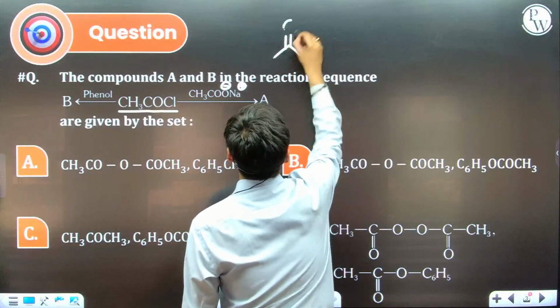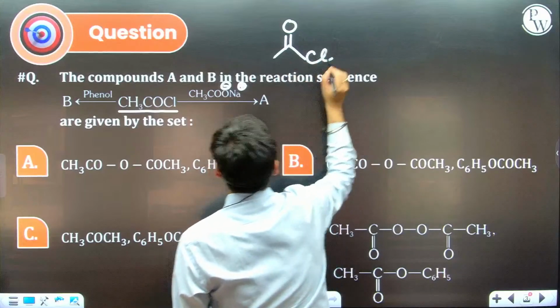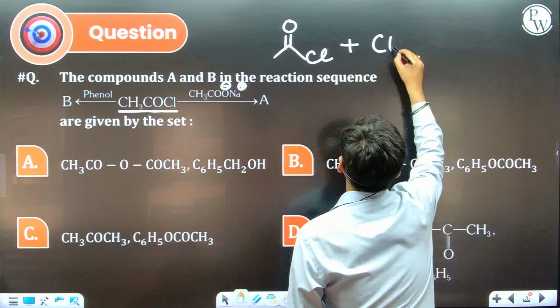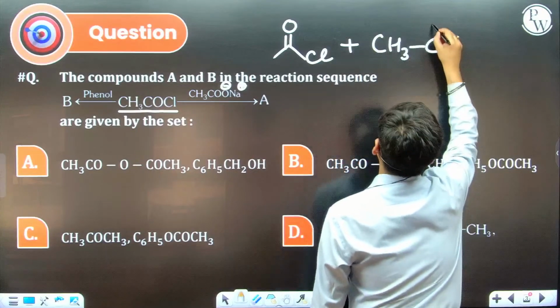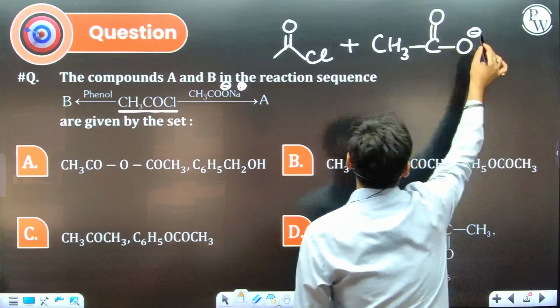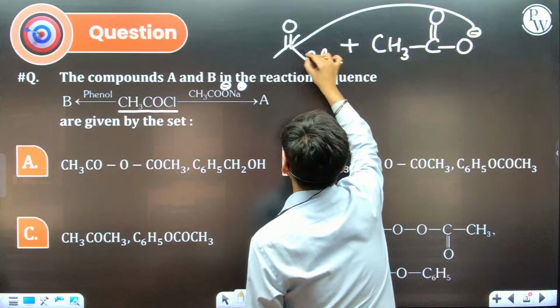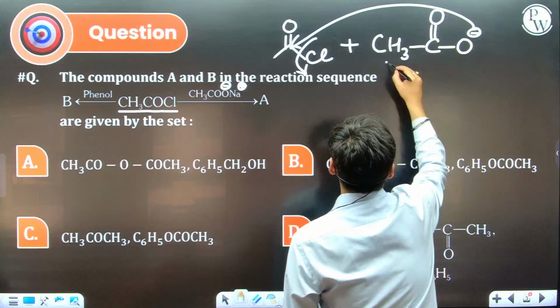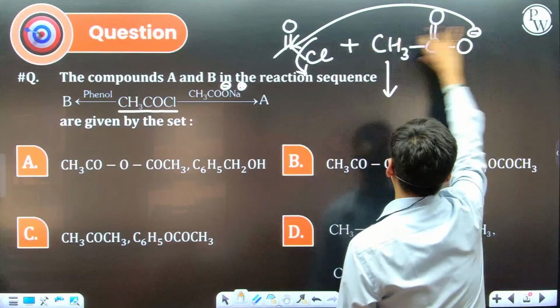This is CH3COCl. Now if CH3COCl is being treated with CH3COO minus, this negatively charged species will attack this carbon, and we know that halogen will leave, and hence we will get this. So this is acting as a nucleophile here.